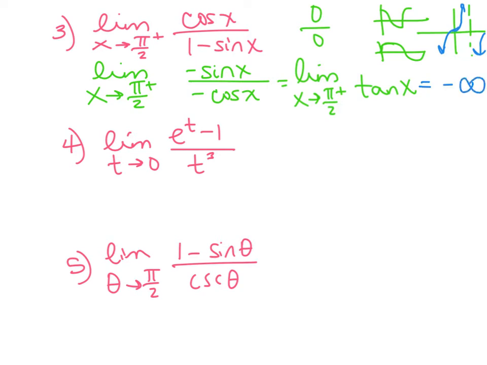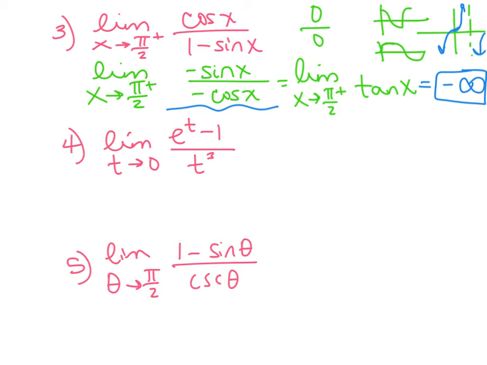How do I recognize that? When I plugged in pi over 2, I was still getting a negative 1 over 0, and I don't like that. Because it is a trig function, I can think, can I write this in another way? Hopefully you can recognize sine x over cos x as tan x.